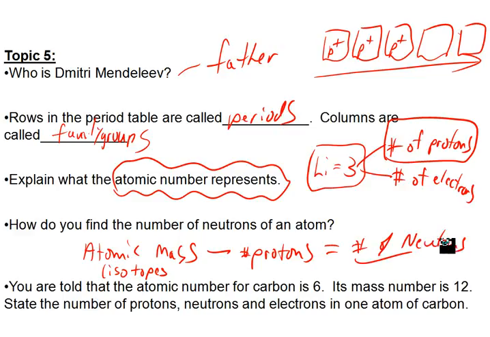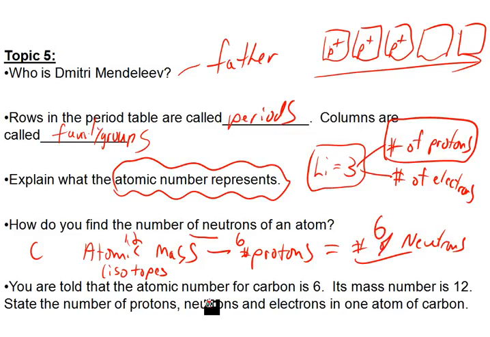So for example, carbon has an atomic mass of 12 when you round it. It has 6 protons, so the number of neutrons is 6.